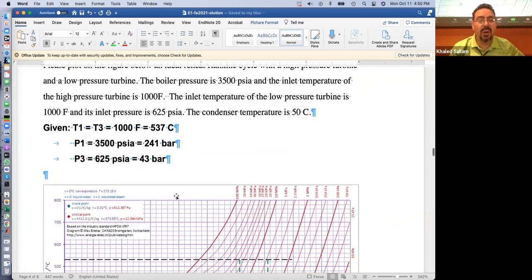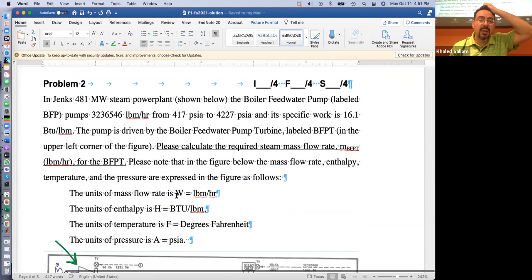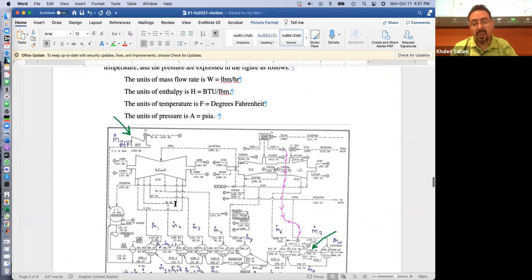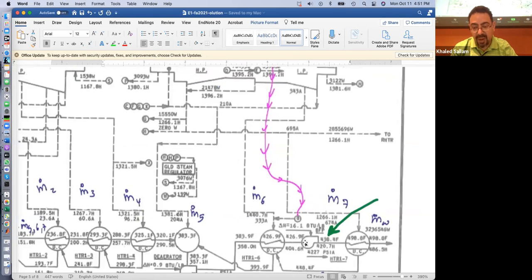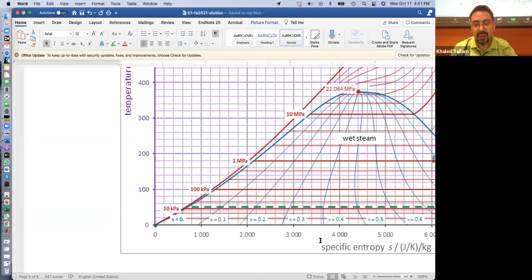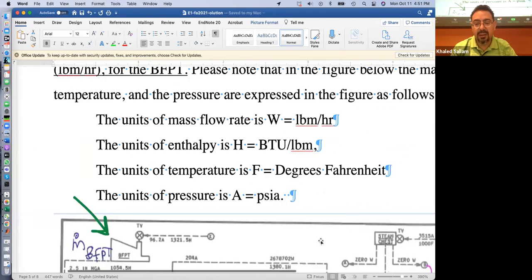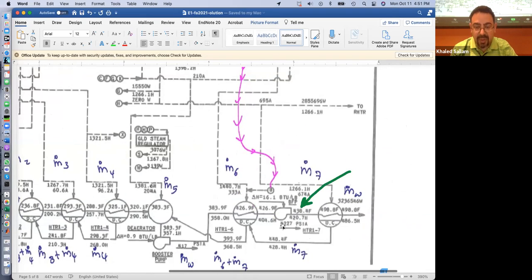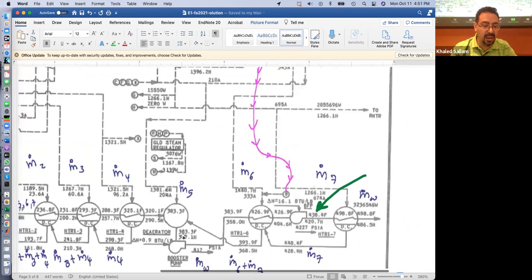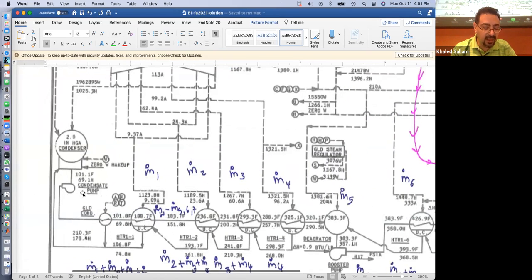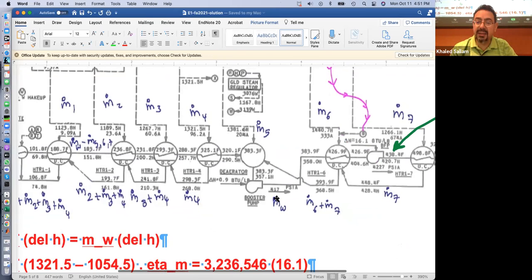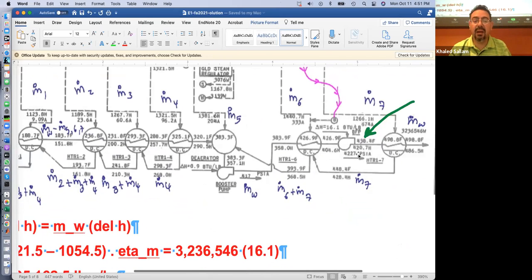All right. So number 2, he's saying that we have this big pump. They call it the boiler feed water pump, because that is the pump. Yes, there are like 2 other pumps, but those are tiny. The condensate pump, when you look at the pressure difference they make, it's nothing, even this one. But this is the big one.